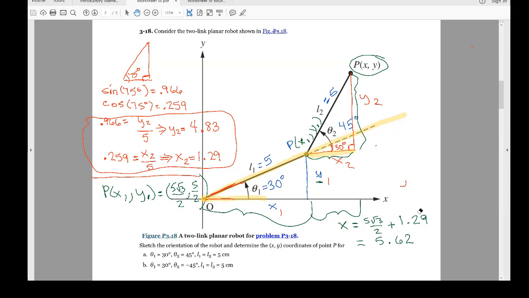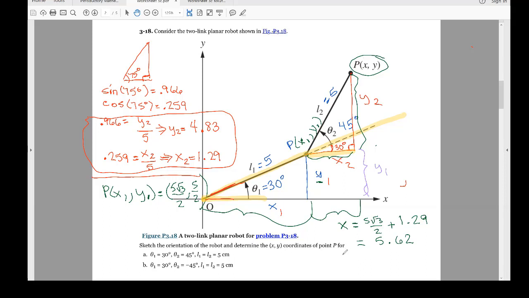And then hopefully this makes sense that my y1 height plus my y2 height gives me my final y, right?